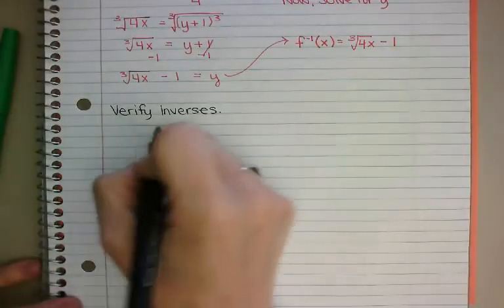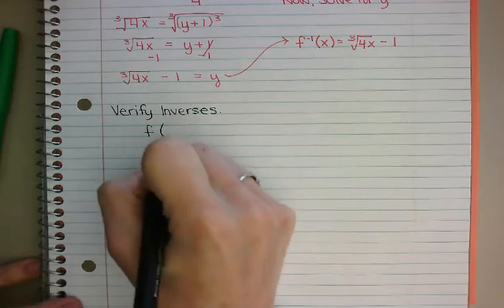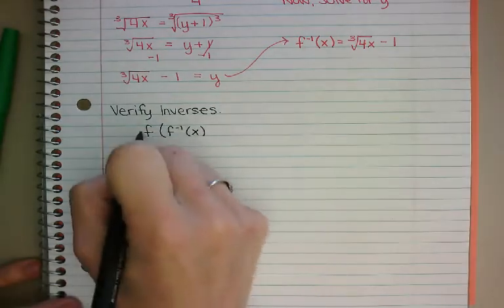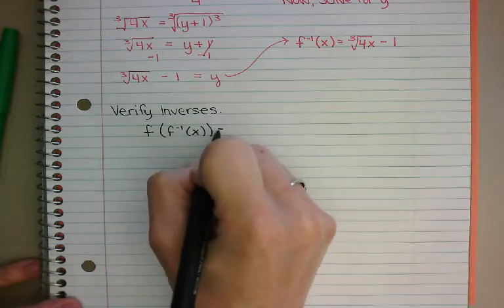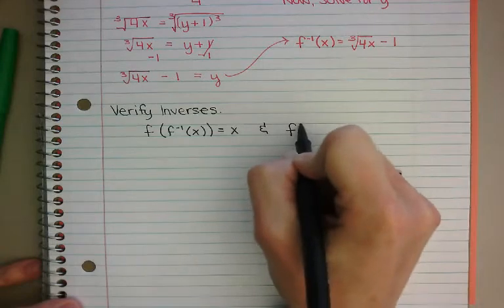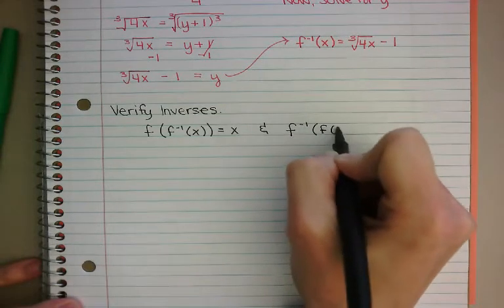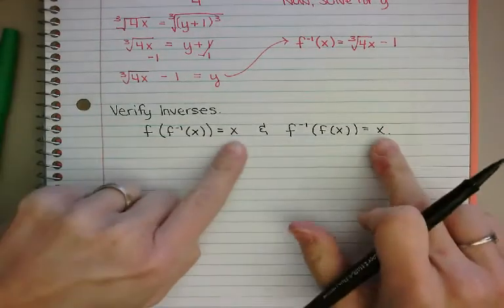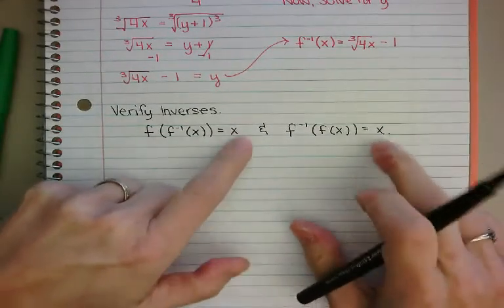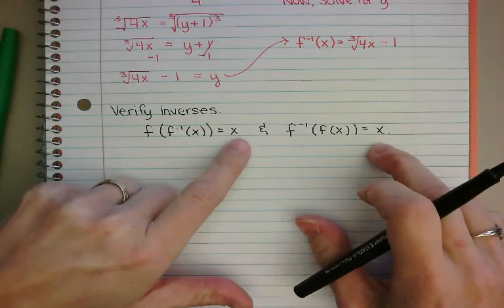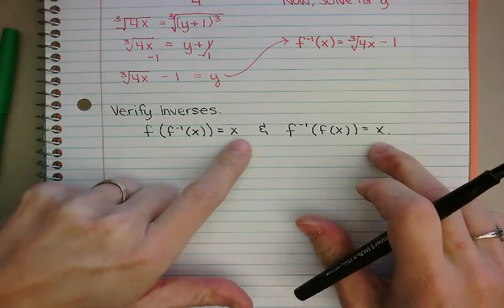We need to verify that f of f inverse equals x, and we need to verify that f inverse of f of x equals x. So I'm basically telling you the answer. When you simplify it, you should get it down to an x. So it is the work that I'm checking to make sure you're doing it correctly.